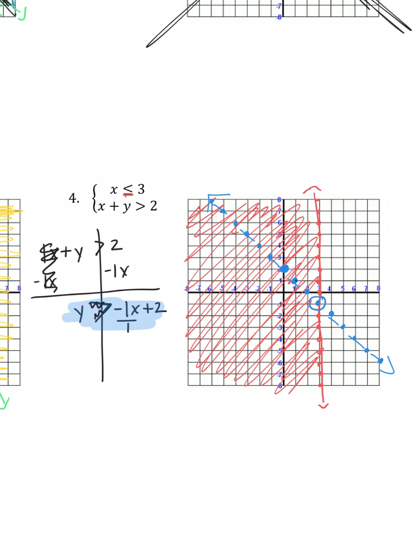So I'm going to find it, pull up, and then everything on the high side of that line is going to be shaded. And then you can find where it is both red and blue, that's where your solution is. So everything in that area.